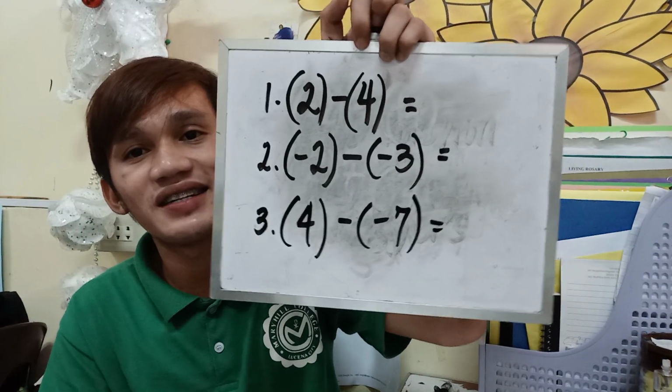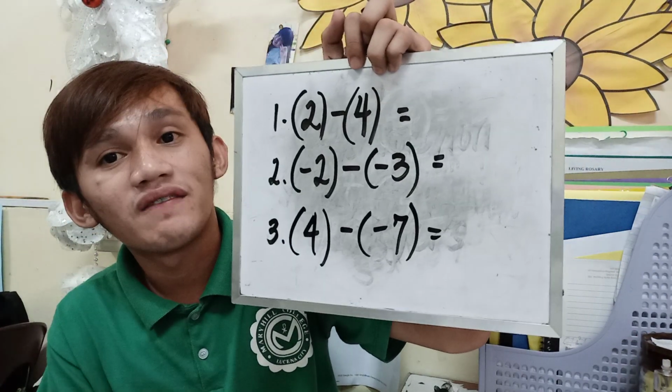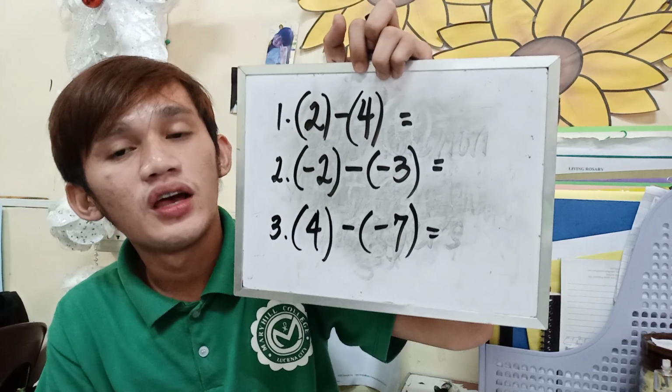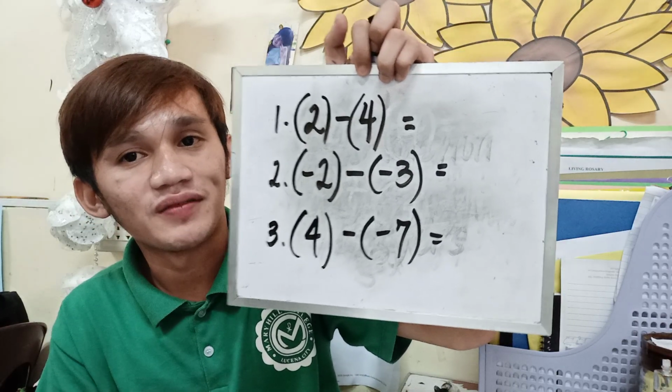So try this: 2 minus 4, negative 2 minus negative 3, 4 minus negative 7.